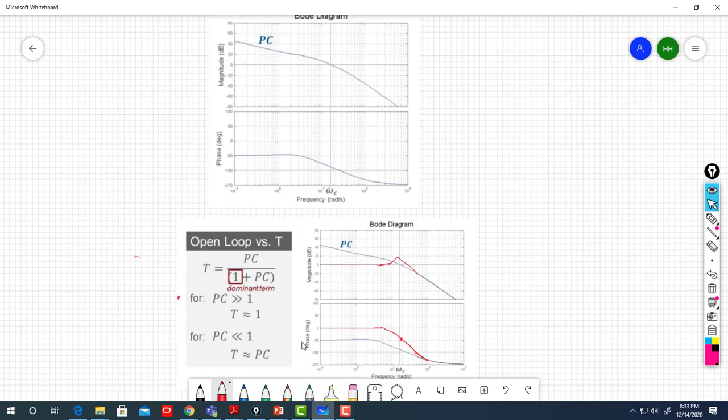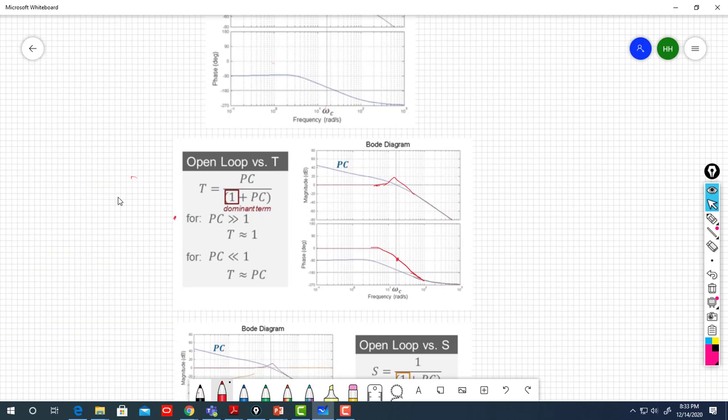Okay, so that's the comparison between the open loop versus the complementary sensitivity transfer function.